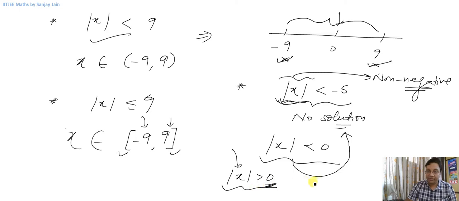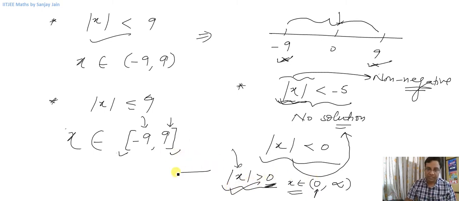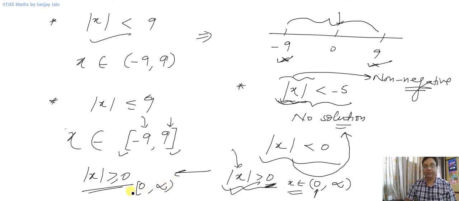Okay, so any number greater than 0, that means 0 to infinity with open brackets, that means 0 is not included in the solution. So any number beyond 0 will be a solution of this, but 0 cannot be. Now when will 0 be a solution? If I write this inequality like this, now any number starting from 0 up to infinity will be a solution of this inequation.